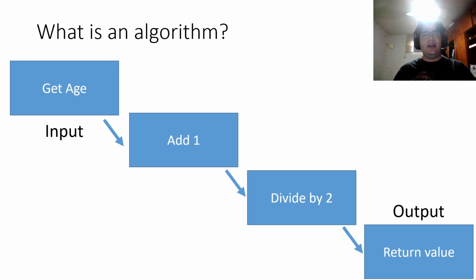Then in the second step we add 1, so 30. Then we divide by 2, so 15. And then we have the output. We return the value, in this example, 15. So this is an algorithm. We have steps to follow in relation to an input value that will then become an output value after these steps.